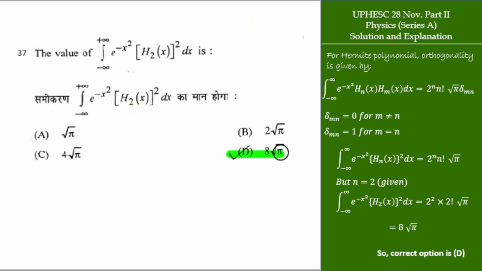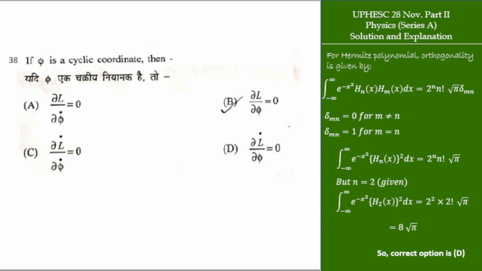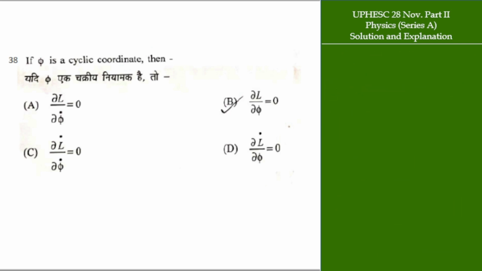This Hermite polynomial is very interesting, and it is highly used in quantum mechanics. So the next question is question number 38. They have asked about the cyclic coordinate. If you have any cyclic coordinate phi, then what will be the condition for this cyclic coordinate?